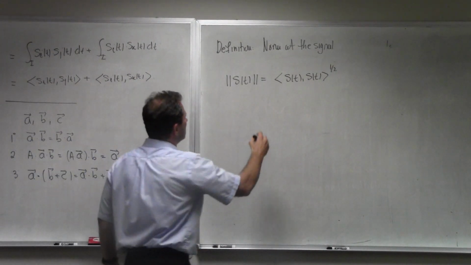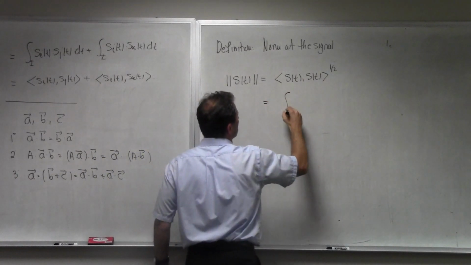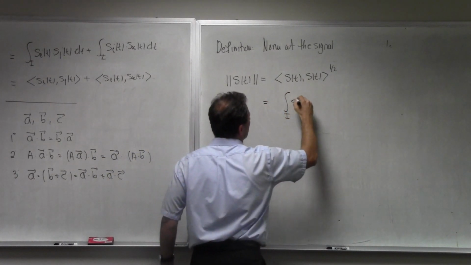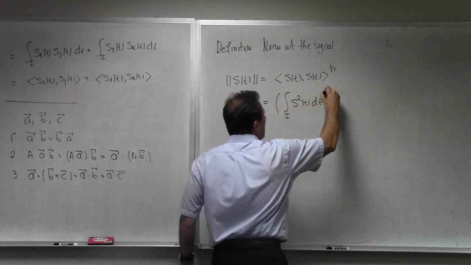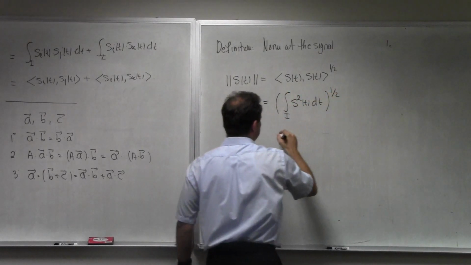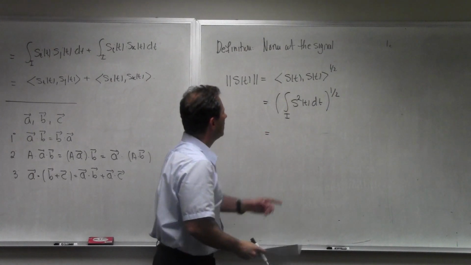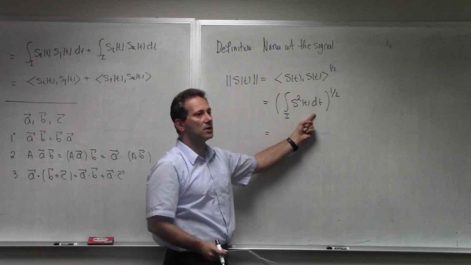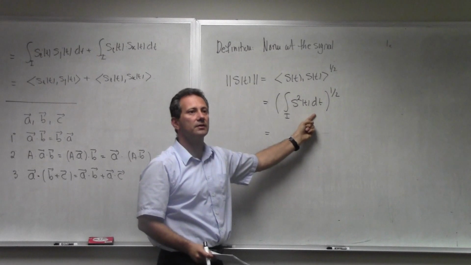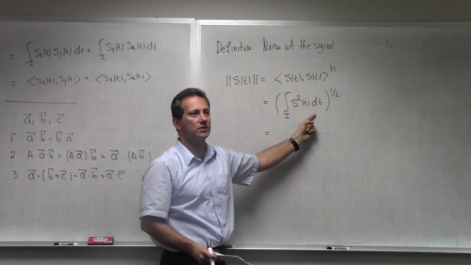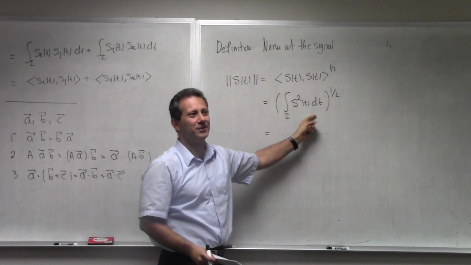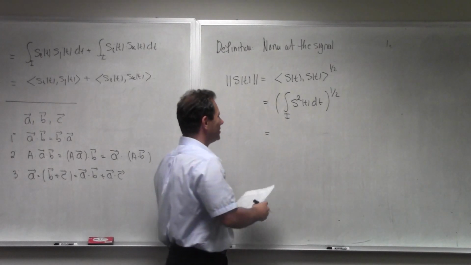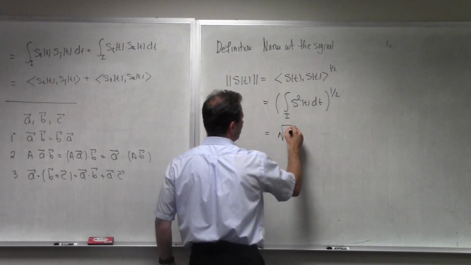In other words, this is the integral over I of s squared of t dt. But this fellow here is our good old friend. What's the area under the curve of the square of a signal? Energy, right? So this is a square root of energy.